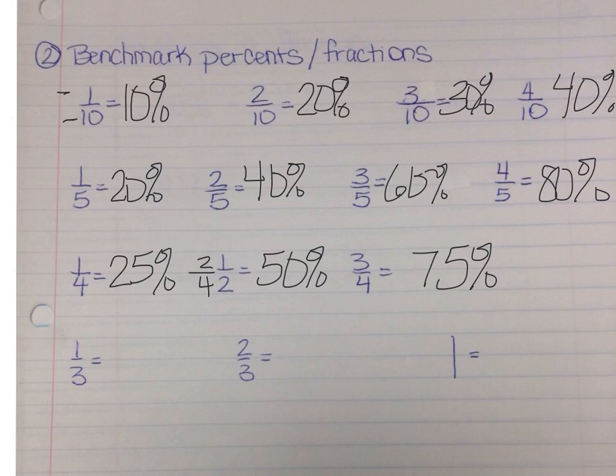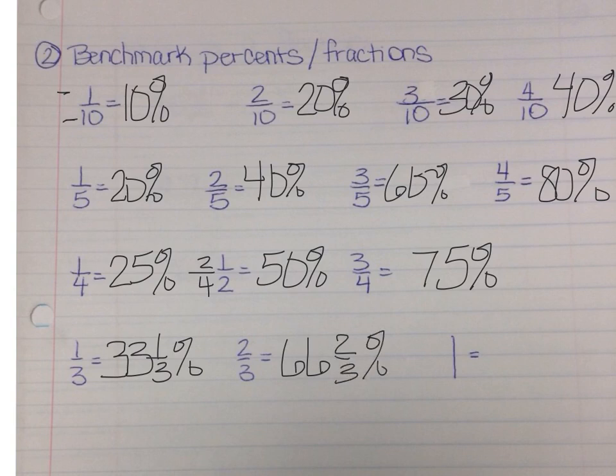1/3 of something is going to be 33 and 1/3%, because it's going to repeat on and on. It's like 0.333333333333 forever. Okay, and same with 2/3. It's going to be 66 and 2/3%, always.